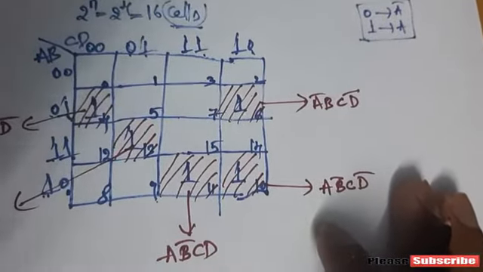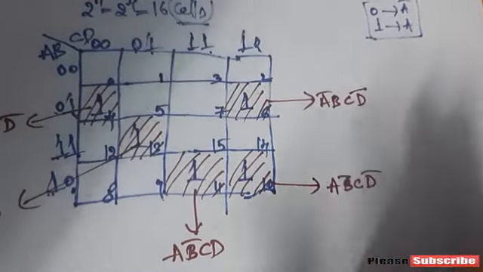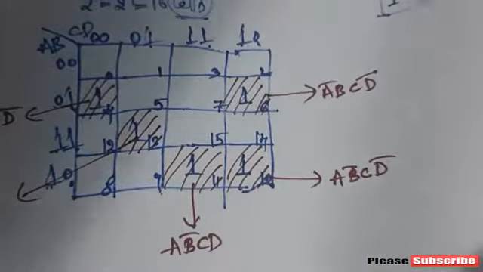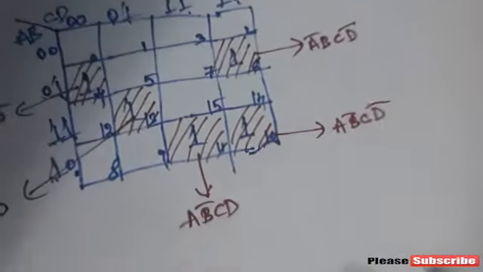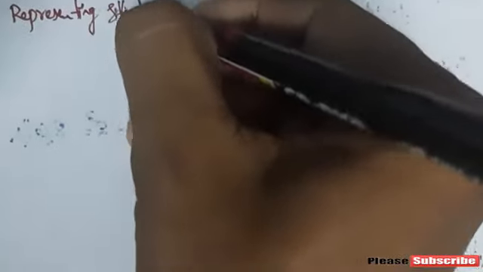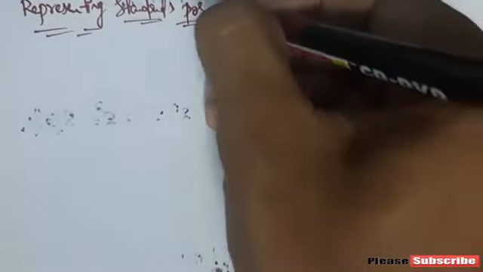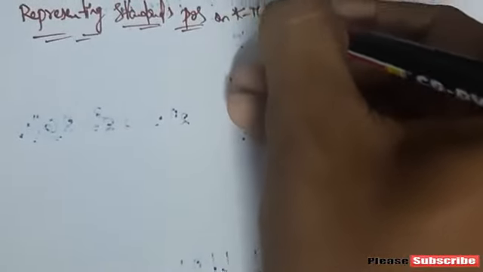Let's see some examples on the POS form also. Representing standard POS on the K-map.